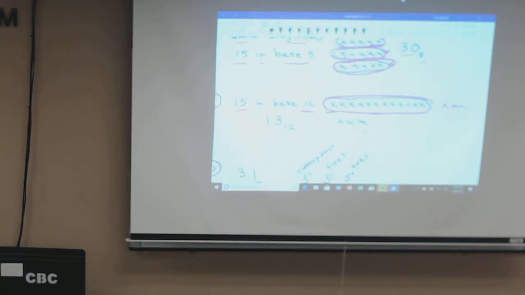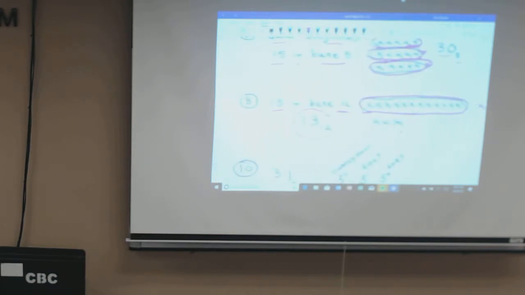But when I get through, what do I have for an answer? Is that beautiful? Do you get a little rush of adrenaline when you go 1, 3? It's not 13. 13 is what we do in decimal. 1, 3 in the base 12 is equivalent to 15 in the base 10. You follow that? That just looks pretty to me. I just think that is so cute.